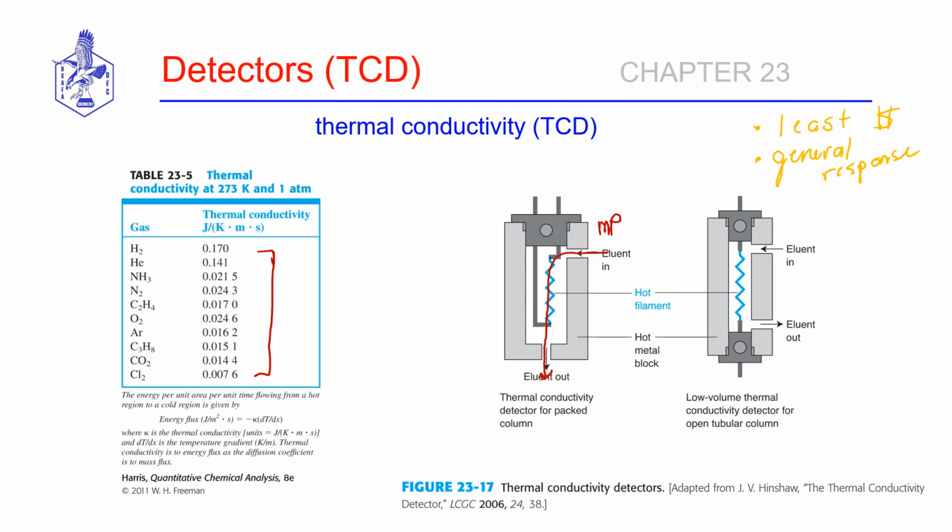If in addition to the mobile phase flowing through here, now you have an analyte species coming off the end of the column with the mobile phase, the thermal conductivity will change, and that will be sensed by the current generated, and you will get a signal. And the TCD detectors can be designed for use with packed columns, in which you've got more substance coming through, versus for the open tubular columns, in which you have fewer components coming through.